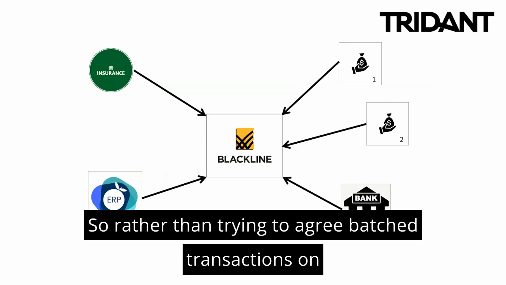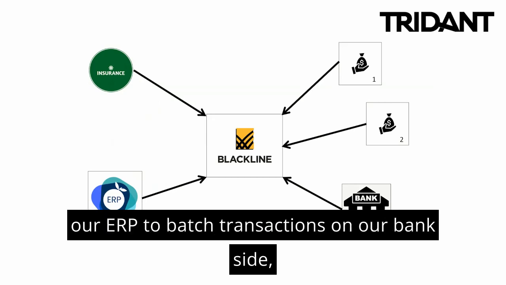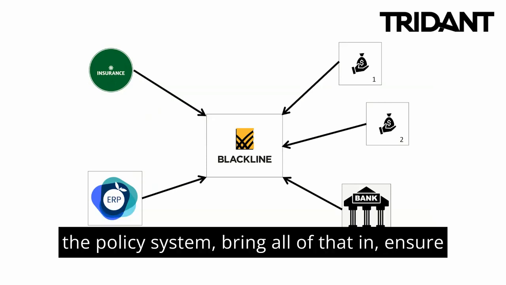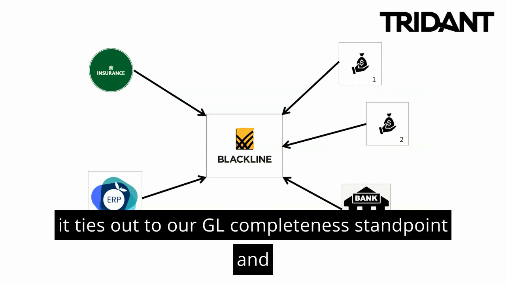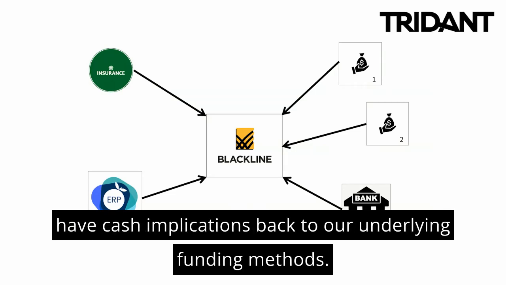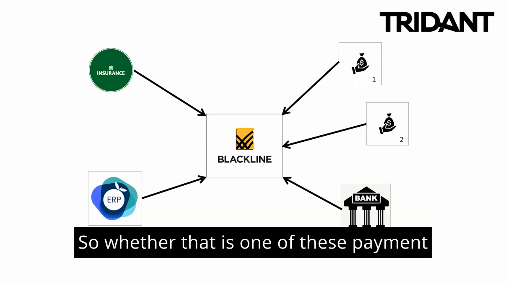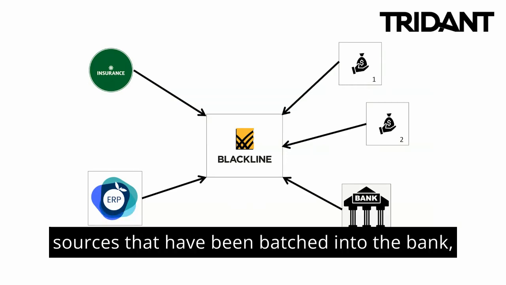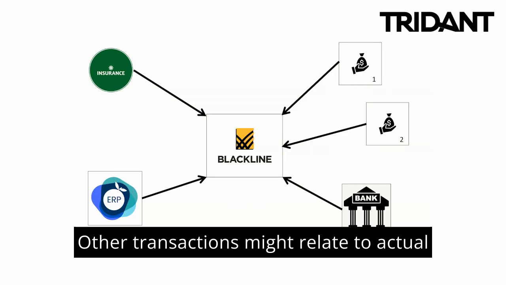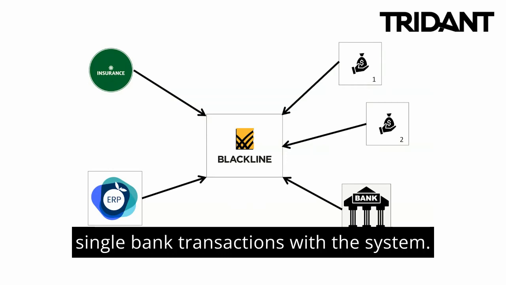Rather than trying to agree batched transactions on our ERP to batched transactions on our bank side, we go back to the underlying detail within the policy system, bring all of that in, ensure it ties out to our GL from a completeness standpoint, and then tie all those different policy transactions that have cash implications back to our underlying funding methods. Whether that is one of these payment sources that have been batched into the bank, that's going to be some of the transactions. Other transactions might relate to actual single bank transactions. But we can do it all.